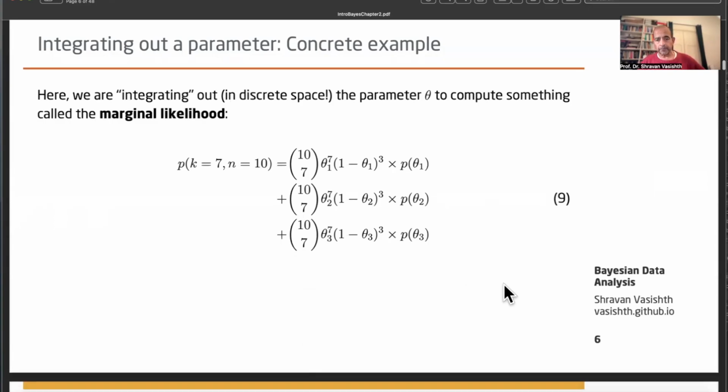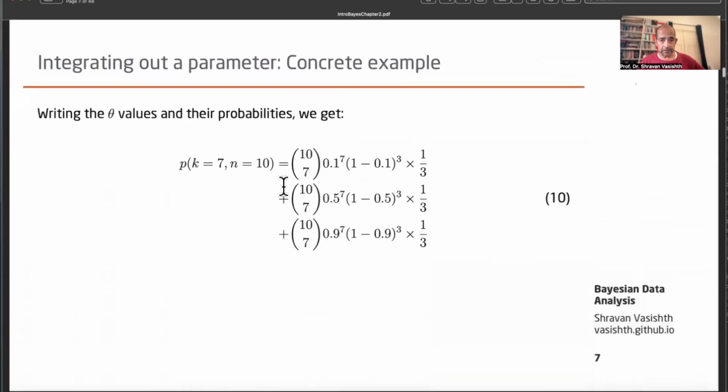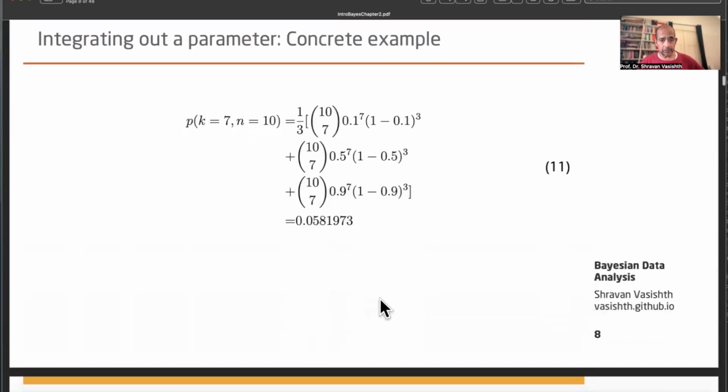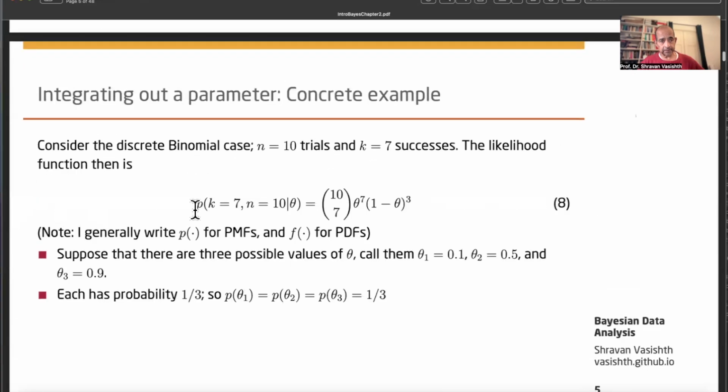So it's easy to work this out as a summation, right? So let me just do the math. If I do this calculation, I'm going to end up with some numerical value, a constant. This constant is that f of y that I was talking about earlier, right?